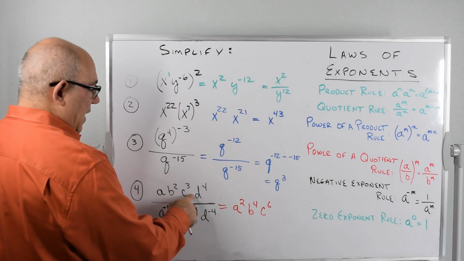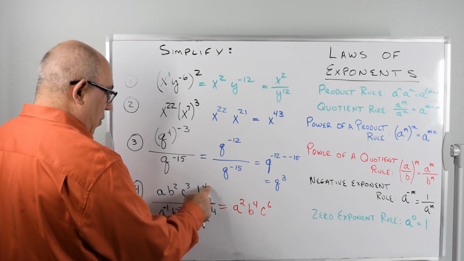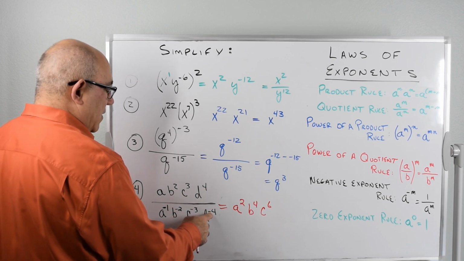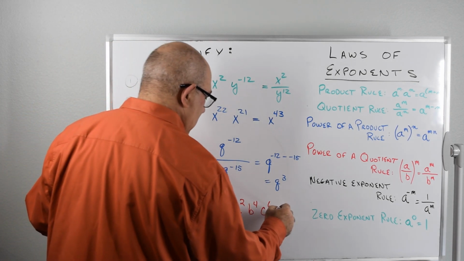And then d to the 4th divided by d to the minus 4th, so we take 4, we subtract a minus 4, that's like adding a 4, so we get d to the 8th.